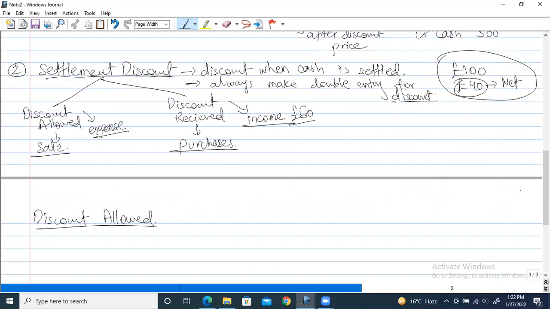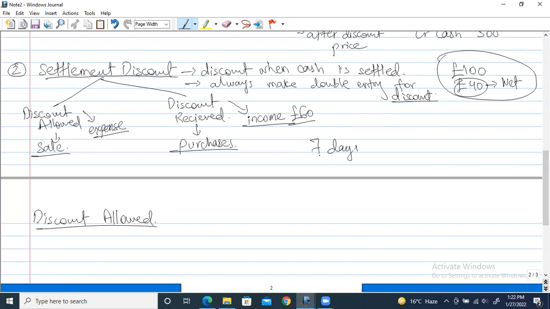Because always remember that settlement discount will have some kinds of conditions or covenants attached to it. Let me give you an example. Some institutes, you might have heard, give early bird discount as well, right? If they say that if you pay within 7 days, we'll offer you 10% discount, right? So this is the condition.